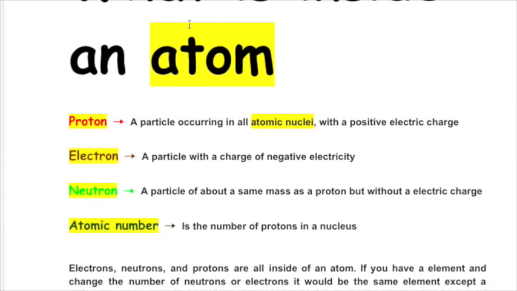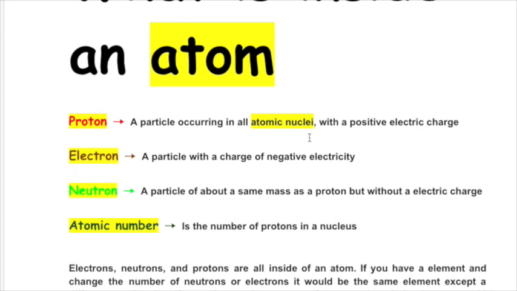Now, what's inside an atom? We're gonna be talking about protons, electrons, and neutrons. Those are the three things that are in atoms. A proton is a particle occurring in all atom nuclei with a positive electric charge.